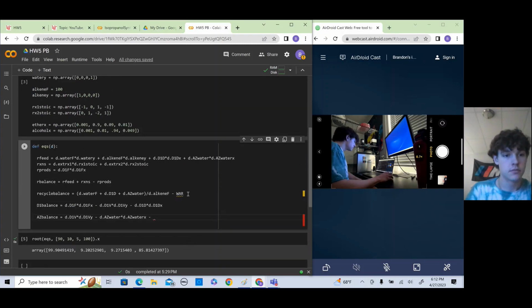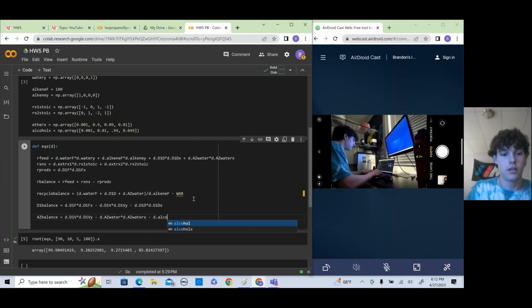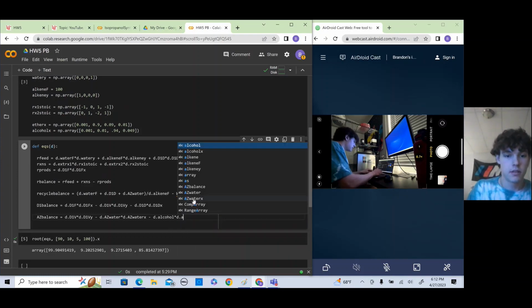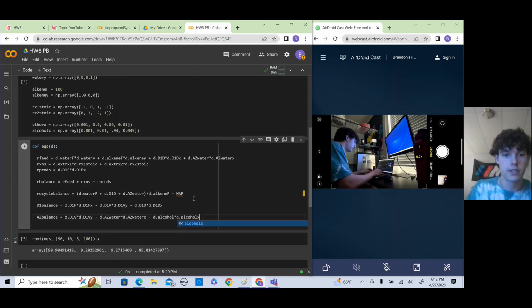So minus our d dot alcohol multiplied by our alcohol X, and we'll also need to account for our d dot ether times our d dot ether X.